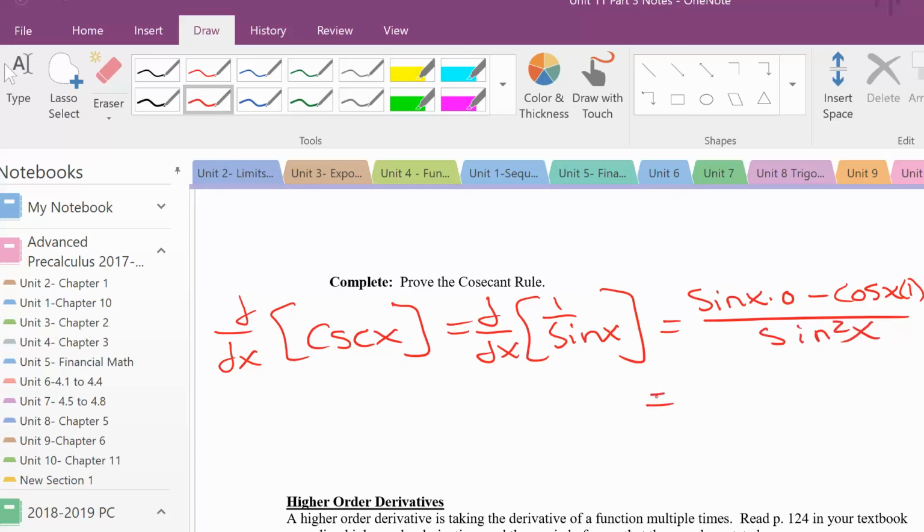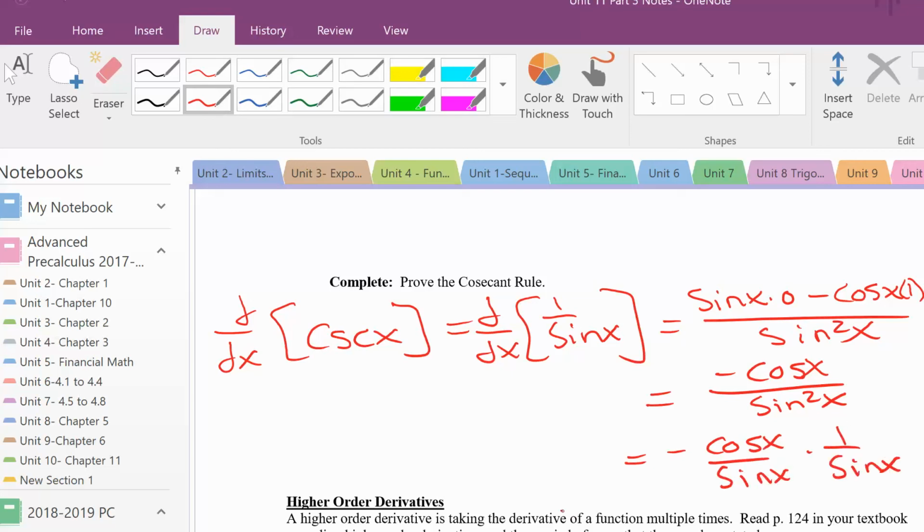So it's negative cosine x over sine squared, which means it's negative cosine over sine times 1 over sine. So it's negative cotangent times cosecant.